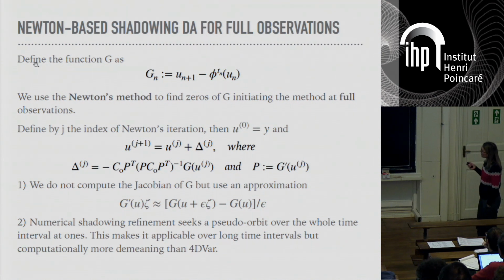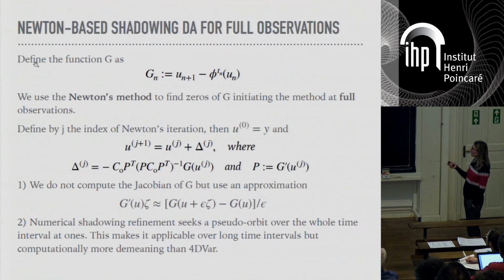There are a few remarks I would like to make. First of all, we do not compute G of U or the Jacobian exactly, but we use an approximation. It's the same as an ensemble Kalman filter in essence, meaning that we compute the action of the Jacobian on a vector, and we use a Taylor expansion to do that.